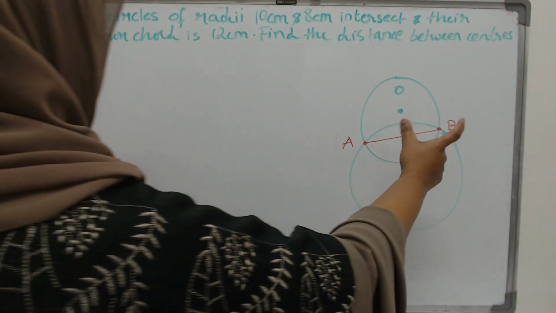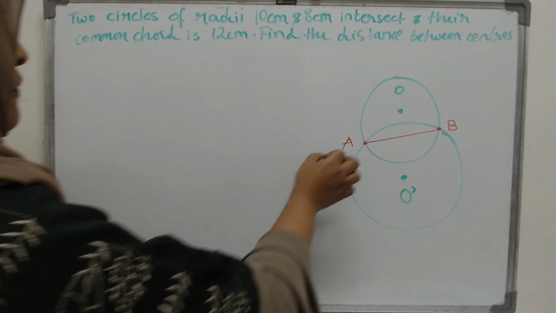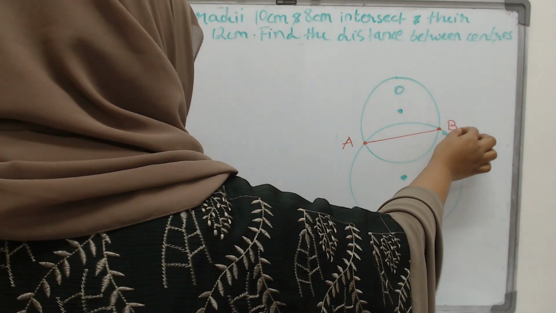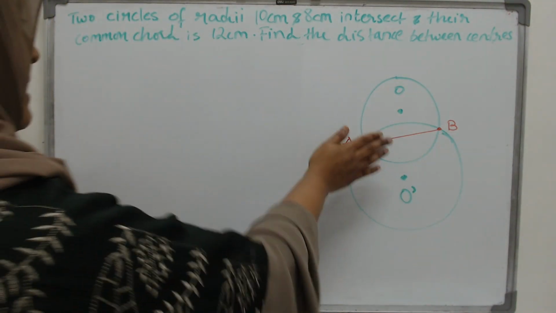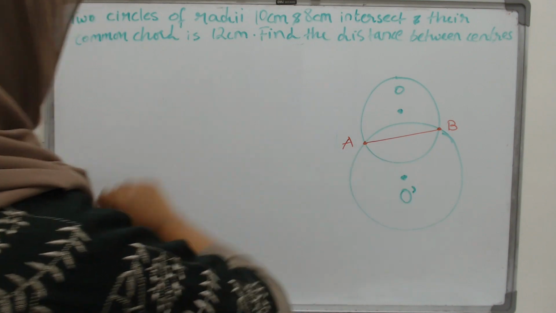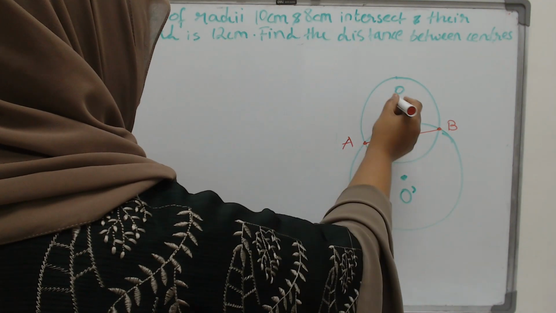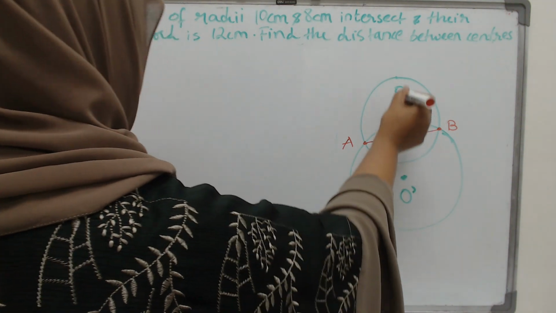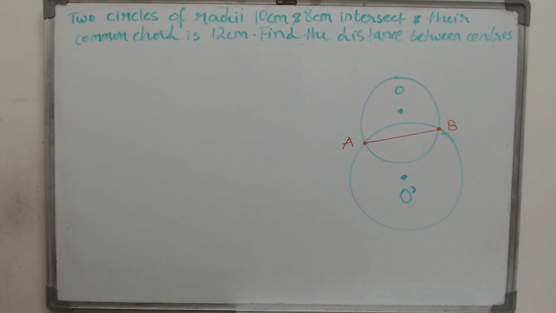So when we say the common chord AB, it means that its end points, A and B, lie on both the circles, which means what? Both of these centers, if you take a line from them, the perpendicular distance from them, this will bisect AB.